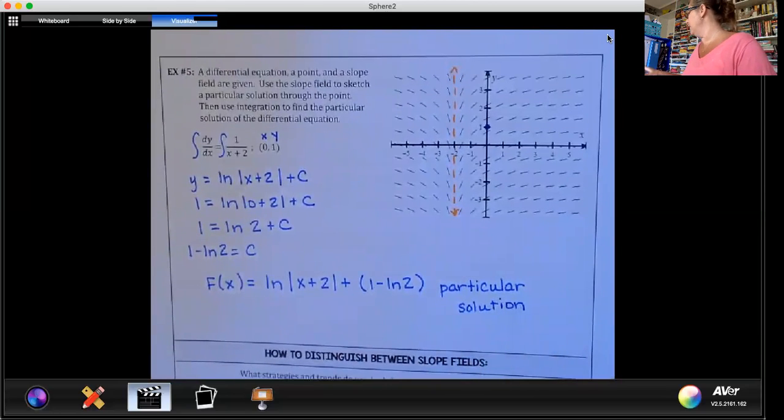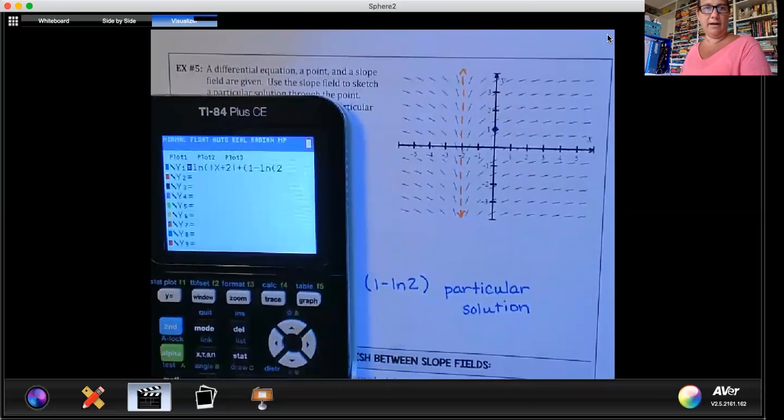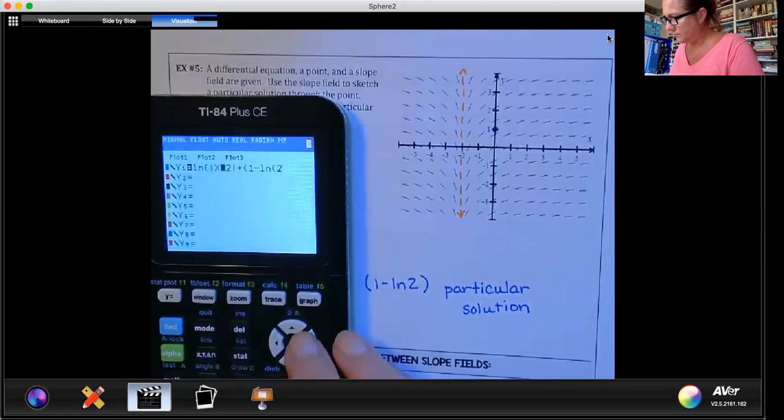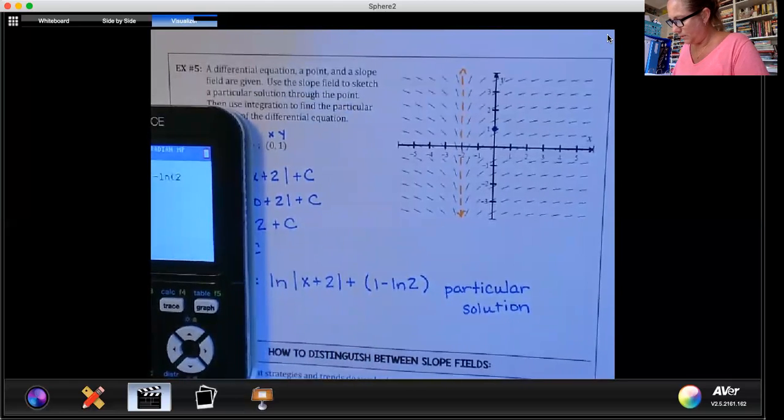So I'm going to use my graph. Excuse me there. ln, absolute value of x plus 2. And I see a mistake here, so I'm going to close parentheses there, plus 1 minus ln 2.